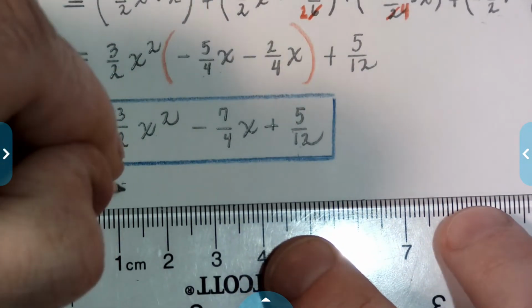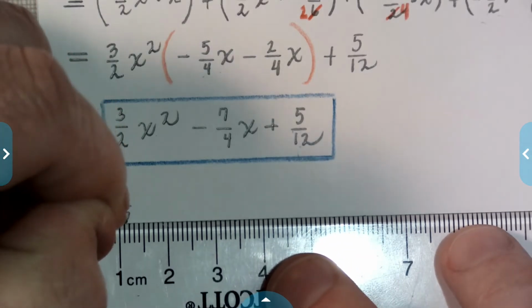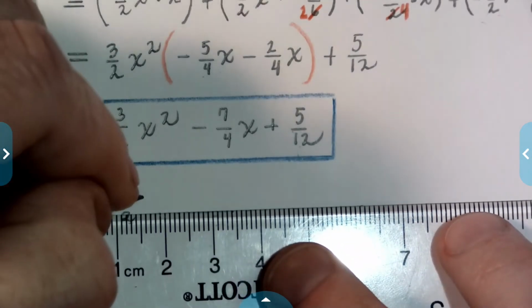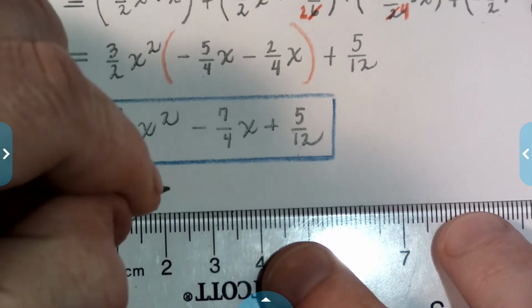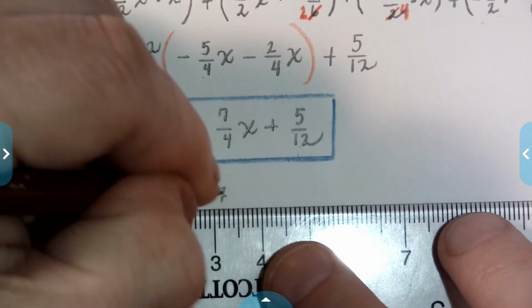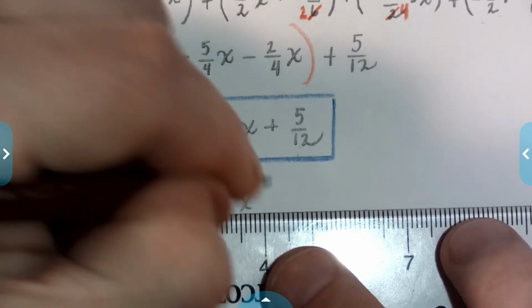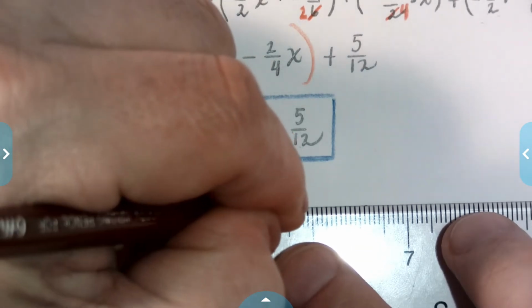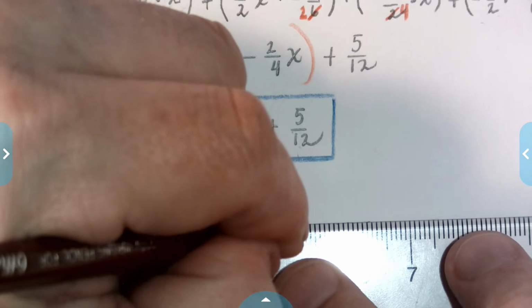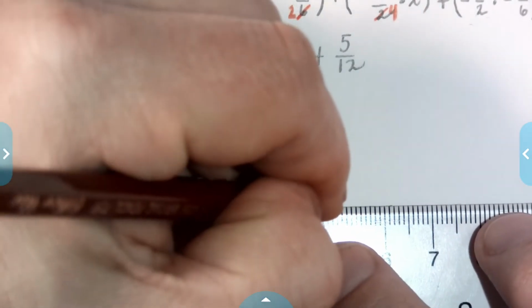So this may very well be the answer to put into Delta, but this is what I would do. I would not want those fractions, so I would say, okay, I got 3/2 times x squared minus 7/4 times x plus 5/12. Now let me just set it equal to 0.